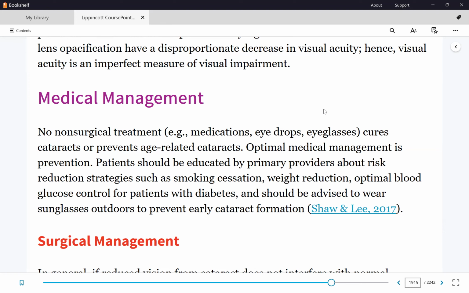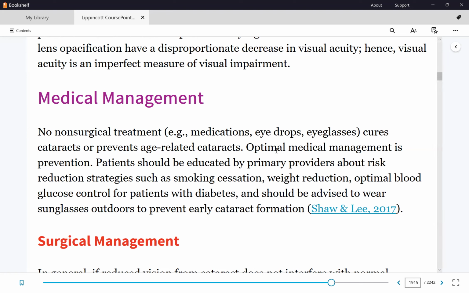Now, yes, it's true there is no other cure. However, you can decrease the likelihood of it getting worse, meaning you can slow it down because not all people are good candidates for surgery. For instance, diabetics are not very good candidates for cataract surgery.